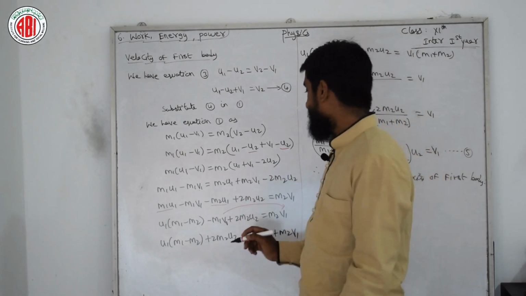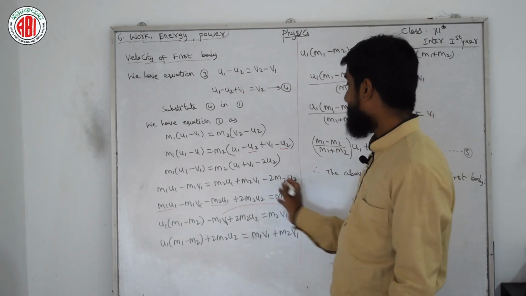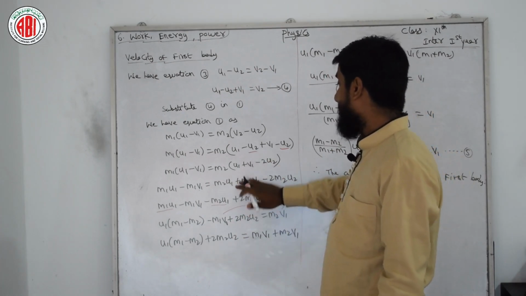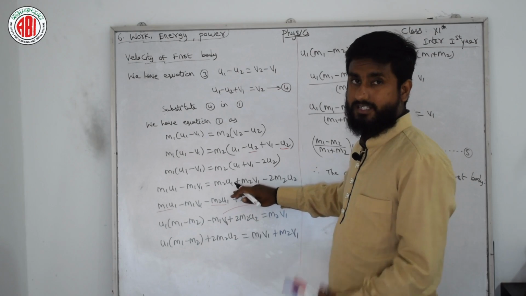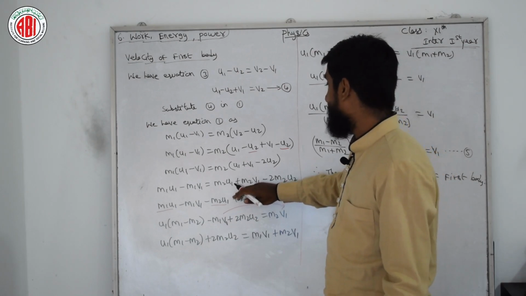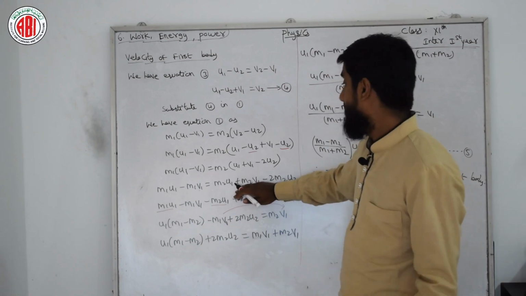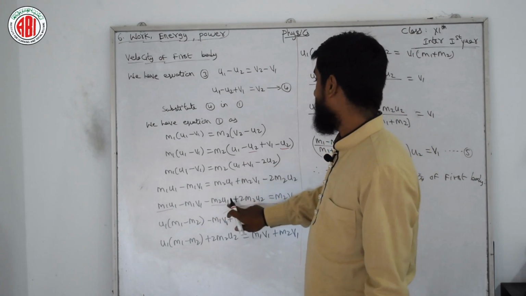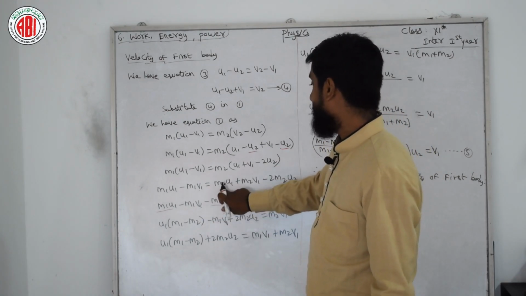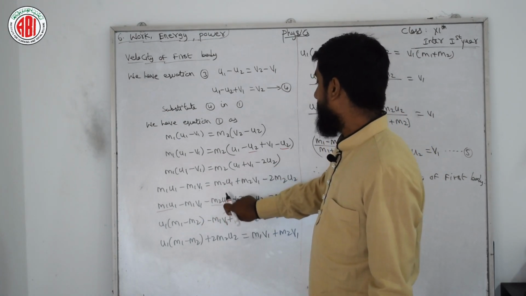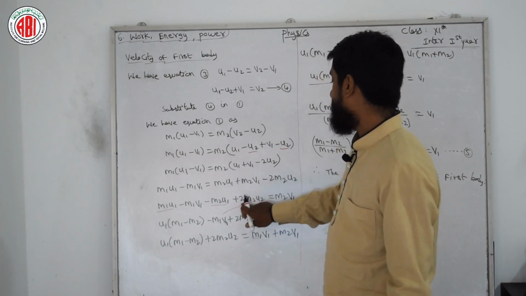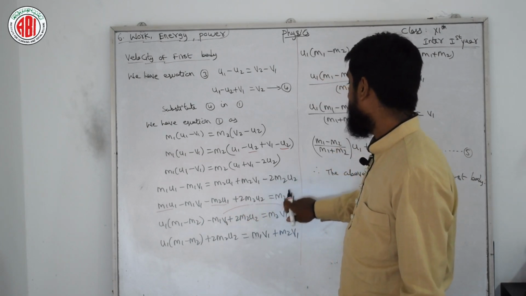After that I sent a few things to the left hand side, keeping only v1 on the right hand side. I take these two terms to the left hand side, so it becomes minus m2 u1 and plus 2 m2 u2 is equal to m2 v1.